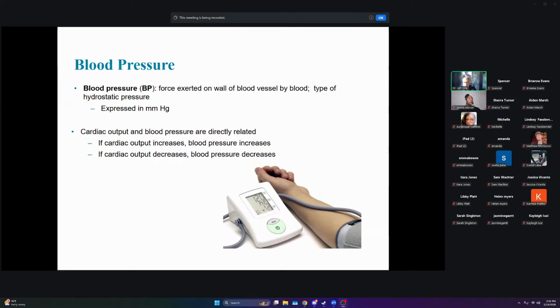More volume is going to be more pressure. Okay, if we get done exercising and we start to take a cool down walk, and our cardiac output starts to decrease and we have less blood pumping out of the heart, of course, our blood pressure in turn will also decrease. There'll be less blood volume, so there's less pressure on the arterial wall. All of that should make sense to you guys.